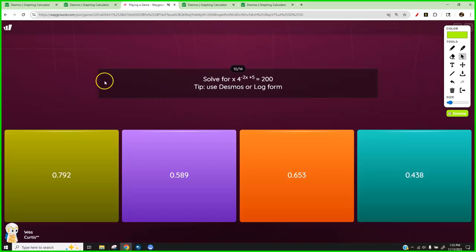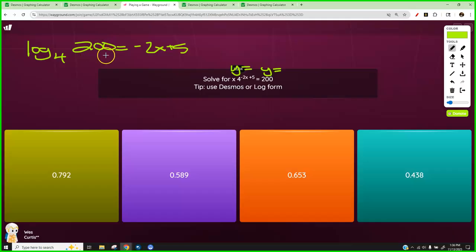Now you can Desmos this and see where they cross each other, put y equals this side and put y equals the 200. I'm going to do it by converting to log. So we're in exponential. I need to convert to log. The base is 4. The exponent is -2x plus 5. That is an exponent. The number on the other side is 200.